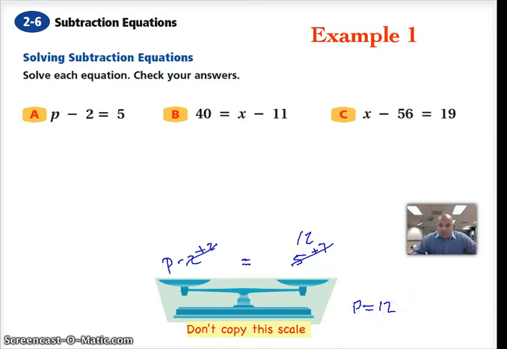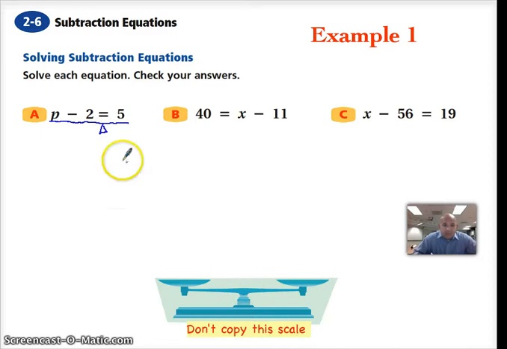Now I'm going to go ahead and clear these annotations, and now is the time when I really want you to go ahead and copy. It's p minus 2 equals 5. We're going to go ahead and start with drawing our own scale underneath here and placing the fulcrum. That right there will be underneath the equal sign, just like in the addition problems we did the other day.